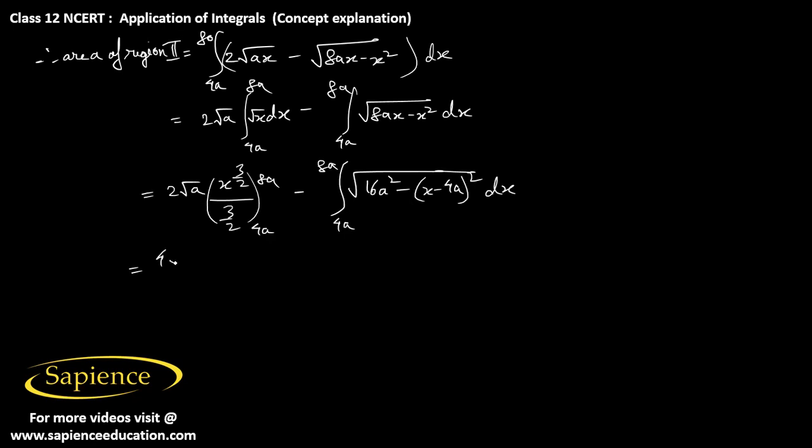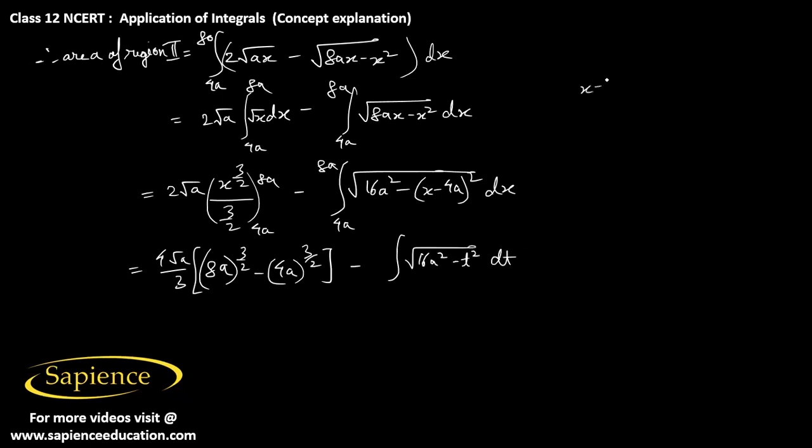So this will be 4 root a by 3 times 8a whole power 3 by 2 minus 4a whole power 3 by 2, then minus integral of root over 16a² minus t² into dt. Since if you take x minus 4a equal to t, then dx will be equal to dt, and x is going from 4a to 8a, so t will go from 0 to 4a.